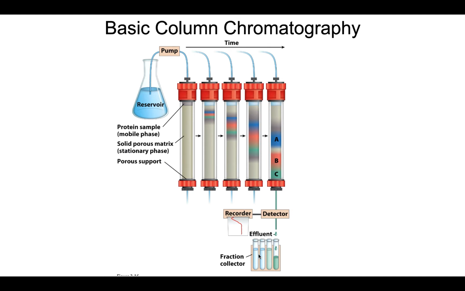We collect different fractions that run through the stationary phase at different points in time. And then we have to take each one of these fractions and run our enzyme assay, or whatever assay we're using to detect our protein of interest. Which one of these fractions is our protein of interest in?